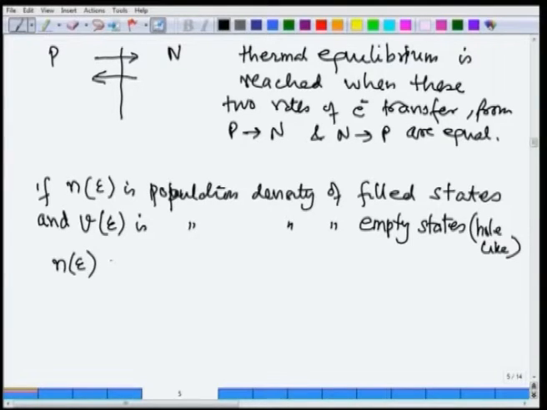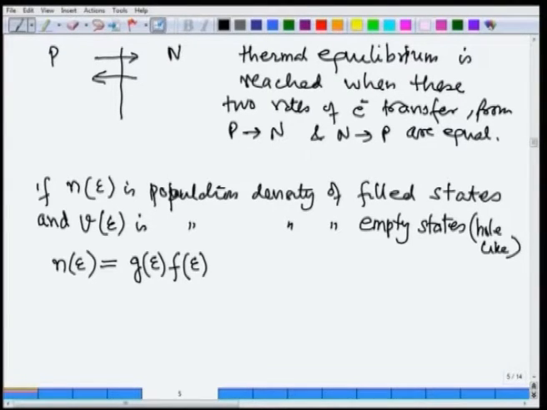We have already learned this before, that this quantity will be equal to g(E), which is the density of states, times the Fermi function, the probability of finding an electron at energy E.